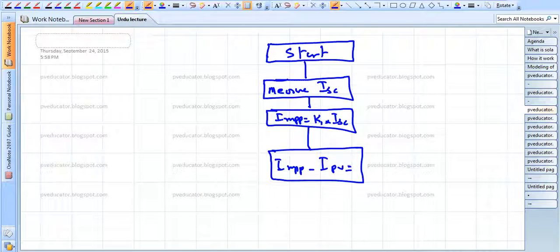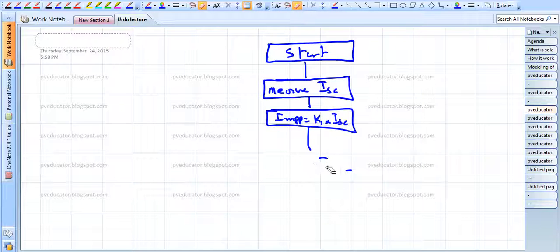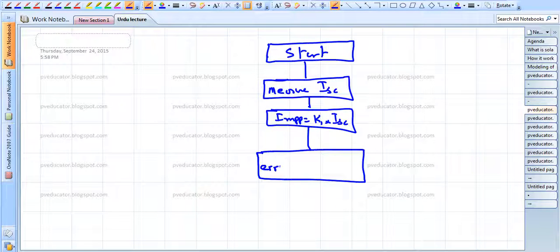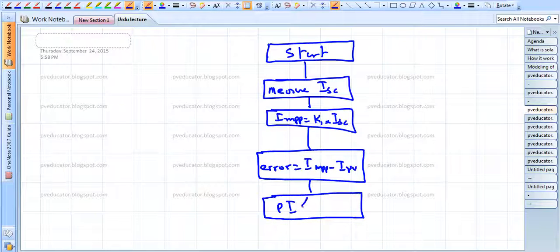This is some sort of error, so let me write it again. So we have error is equal to IMPP minus IPV, and this goes to the PI controller for calculation of D, and that ends the system.